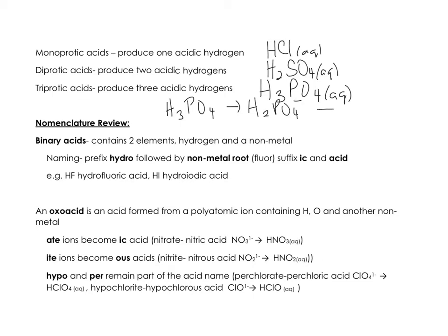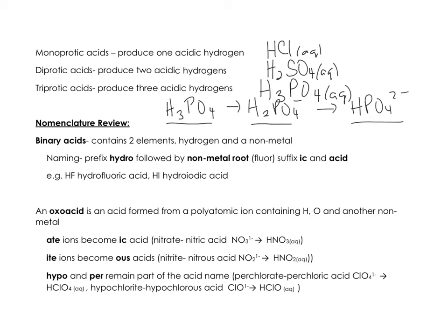So we have H2PO4- and then HPO4 2-. Each one of these 3 species can act as an acid, but they're weaker than the original acid. So HPO4 2- is weaker than H2PO4-, which is weaker than H3PO4.